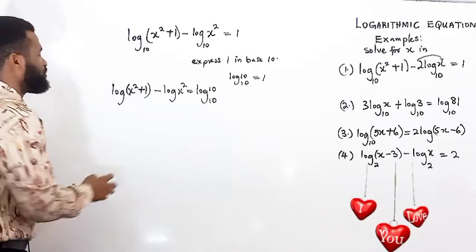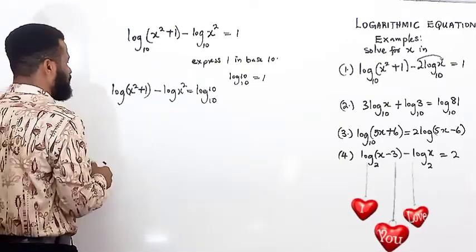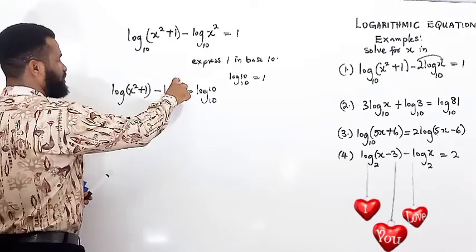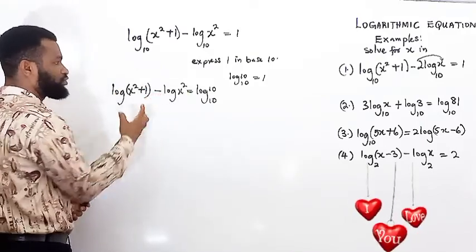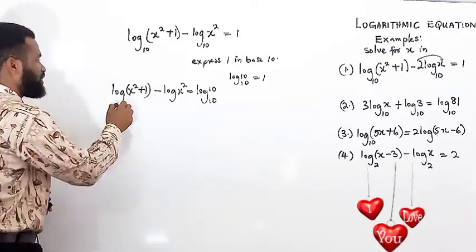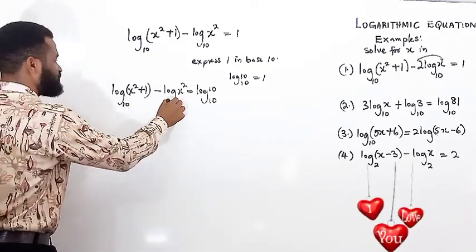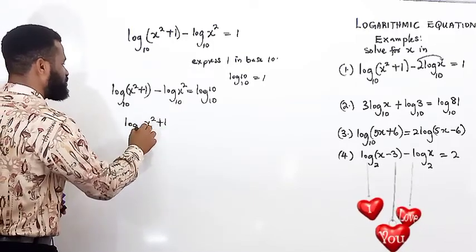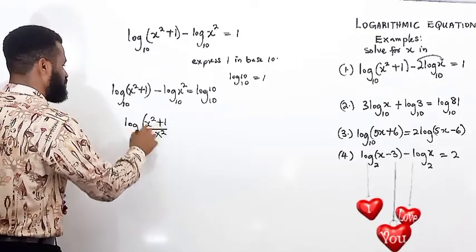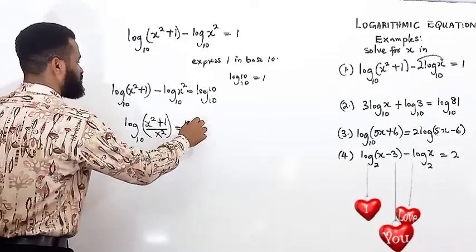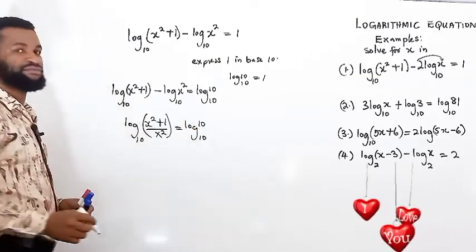So in this case, when you get to this part, whereby you have log of a particular expression and you have another log, when they are minusing, what you do is you divide. So I'm going to say, remember they are all base 10, log x squared plus 1 divided by x raised to power 2 all to base 10 is equal to log 10 base 10.